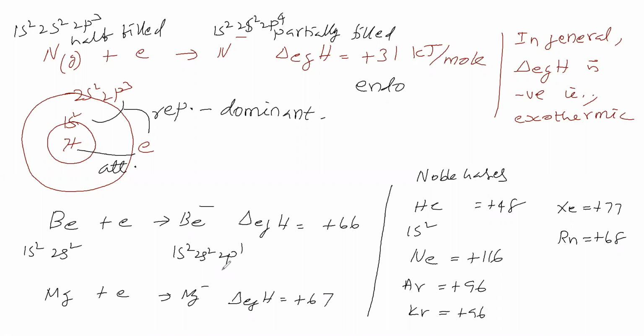Now we will see how the electron gain enthalpy varies in a period. We take the second period, left to right.